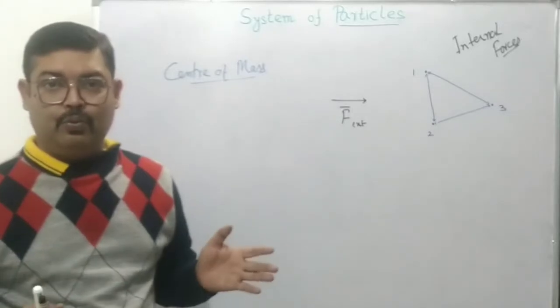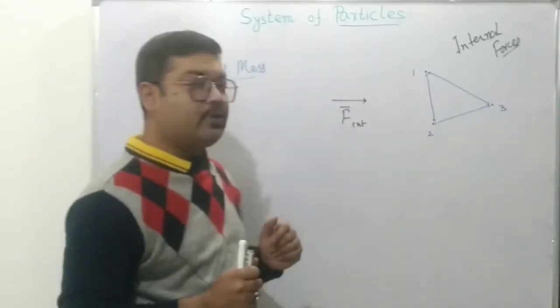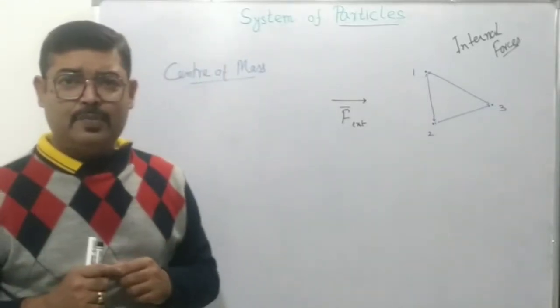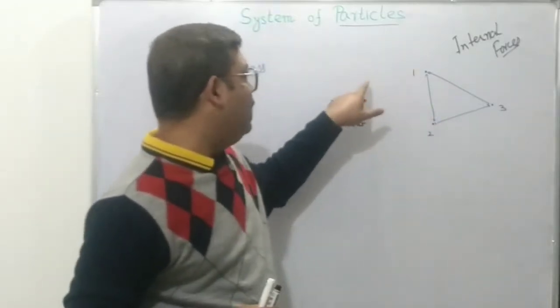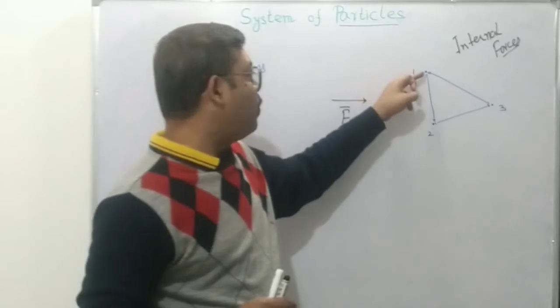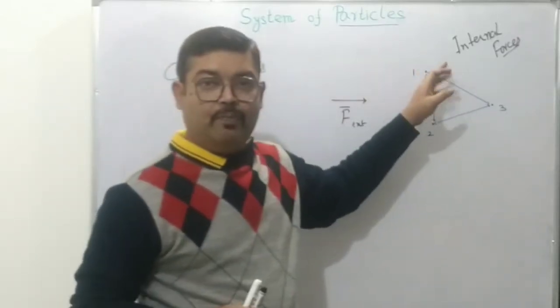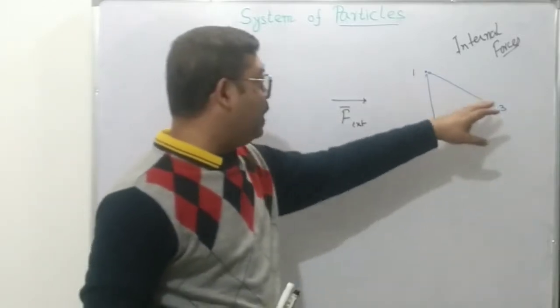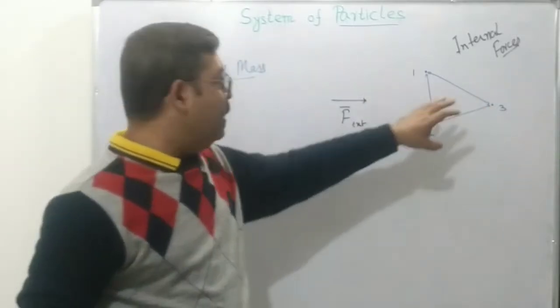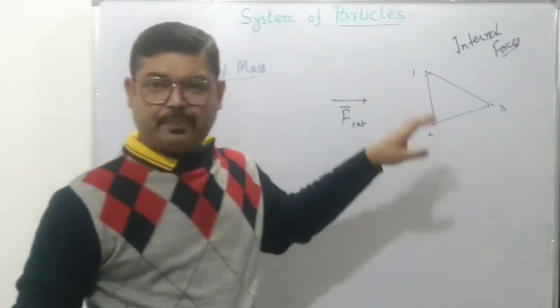We do not know. And it's difficult for us to apply Newton's laws, because for this we have to apply Newton's law to 1. When we apply a part of a force to point 1, it will tend to move, but it is already connected to point 2 and point 3 also, so other particles also. So what will happen? They will also influence its motion.